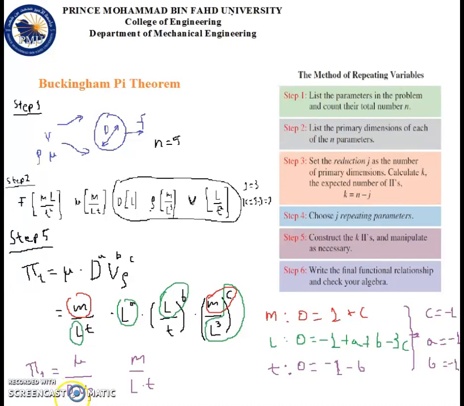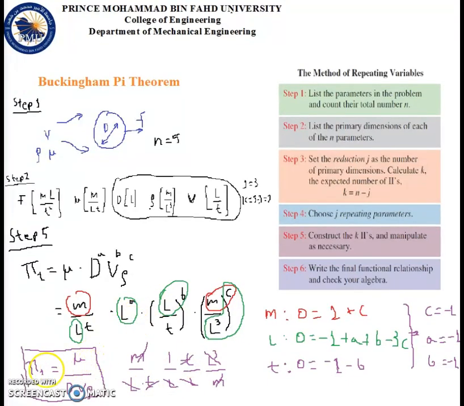Units of diameter is length, so it will be 1 over L. Velocity is length over time, so inverse will be T over L, and density will be length cube over mass. Mass with mass will cancel out, length with length the cube will cancel out, and time will cancel out with time. So our parameter pi 1 will be dimensionless.